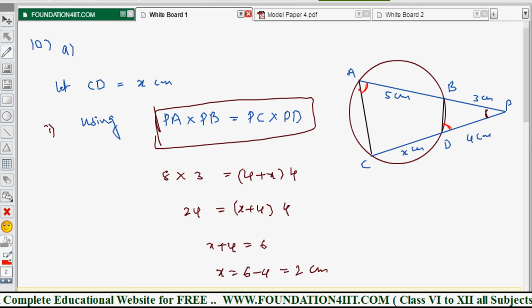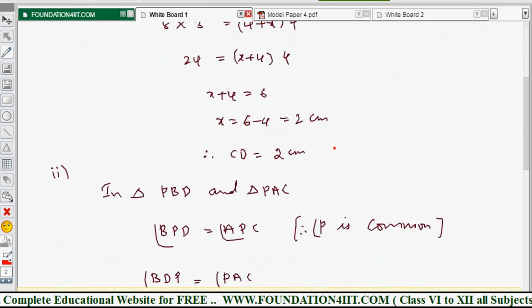So exterior angle, because ABDC is a cyclic quadrilateral. So in any cyclic quadrilateral, the exterior angle is equal to the opposite interior angle. That means this angle should be equal to this. So from both triangles, angle A, that is CAB, and BDP are equal.